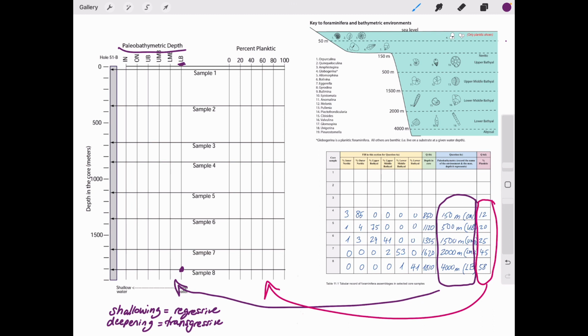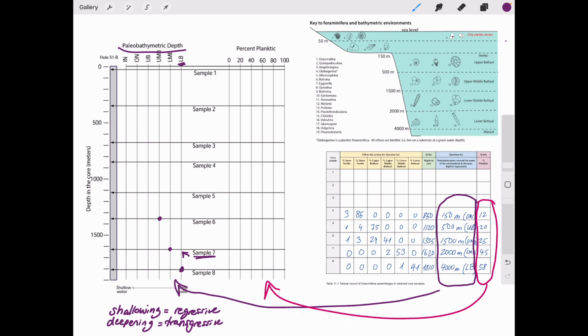The next one up is LMB, so it's sample 7, so you're going to plot it in this line. And because it's LMB, you're going to put the dot right here. The next one, sample 6, is 1,500, and that's UMB, upper metabathyal. So it's going to be right here, bathyal. And you're just going to plot it like that.